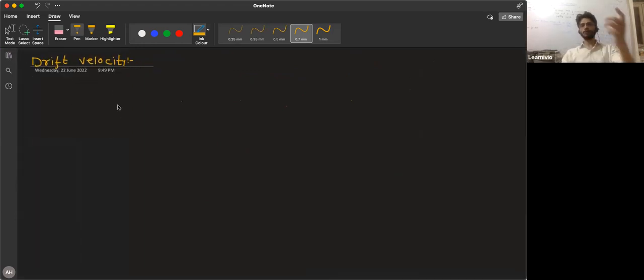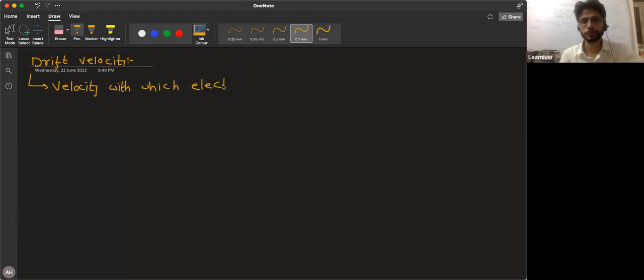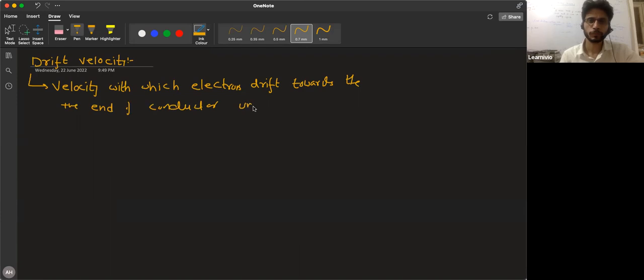Drift velocity means the velocity with which electrons drift towards the positive end of a conductor under the action of an external field.